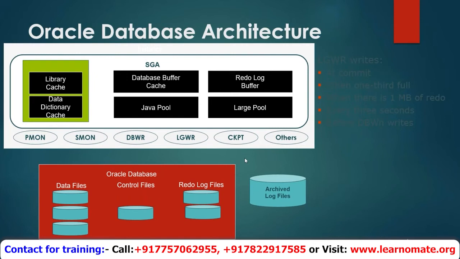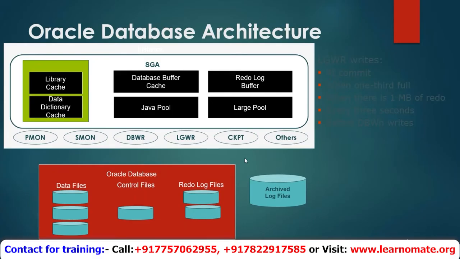It's not that they would contain only committed transactions. Okay, so data files are the files where the actual data resides. Control files are the files which have the metadata information.